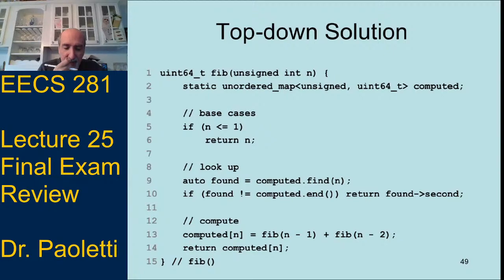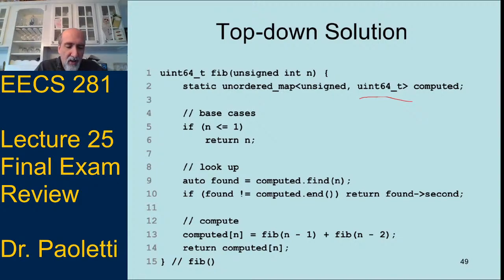So n is the key, Fibonacci of n is the value, and if a uint128_t becomes available, change this and it'll either work or it'll fail. If you ask for too big of a Fibonacci, like with this one as is, if you ask for fib of 100, you'll get a wrong answer because fib of 100 won't fit in a uint64.